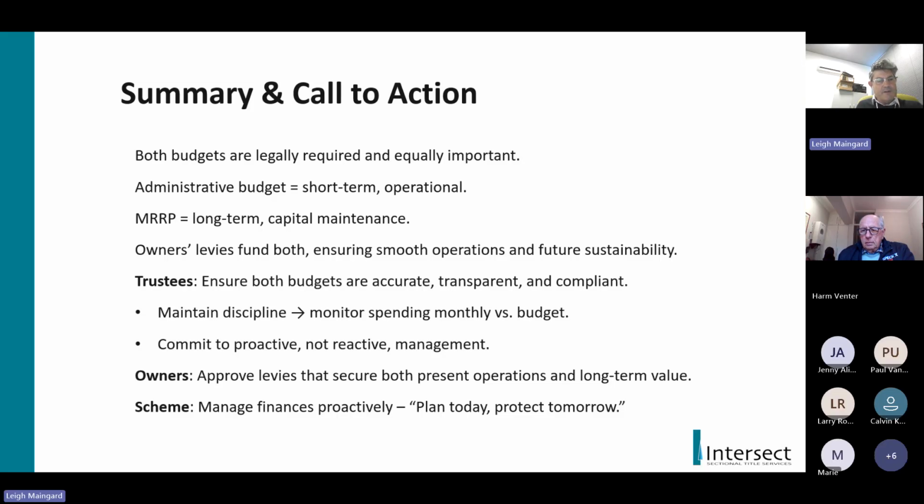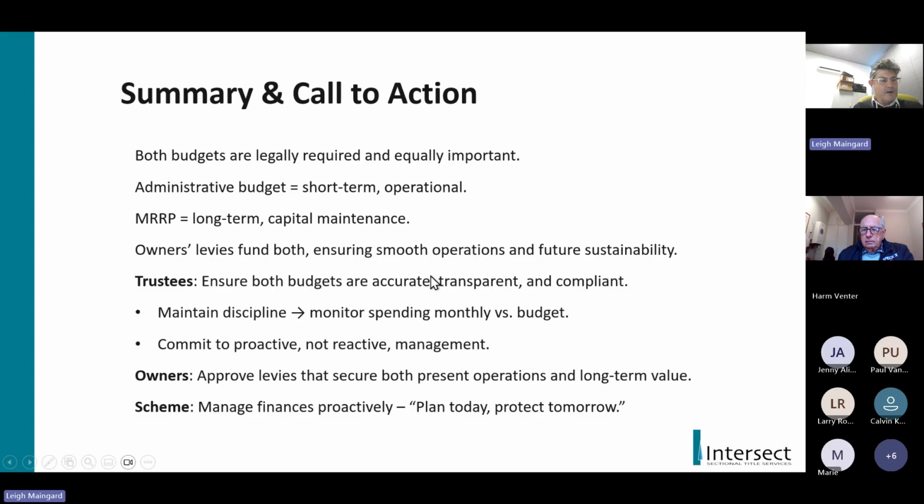And then from an owner perspective, the owners approve the budgets that will then give rise to the levies that they must pay. And what it does, it secures long-term and operational value for the scheme and, as an owner, for the assets that they own in the scheme.